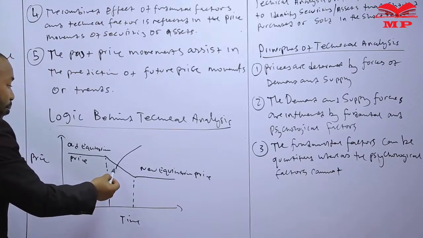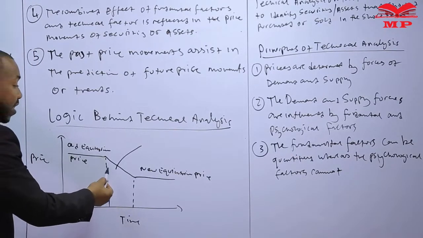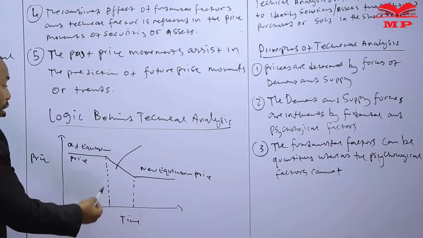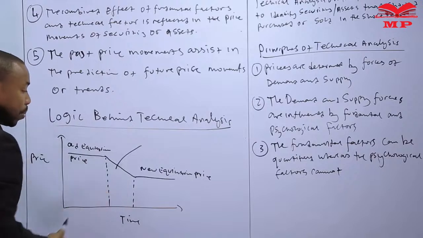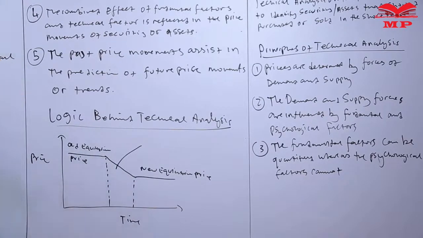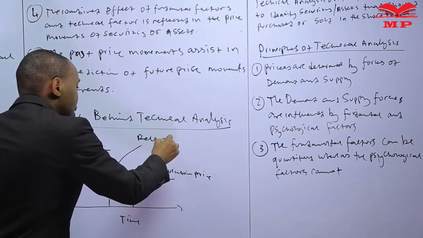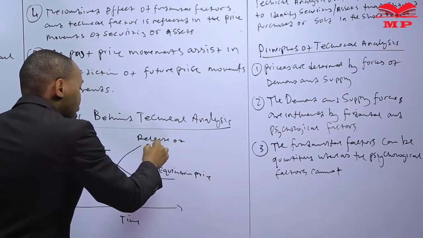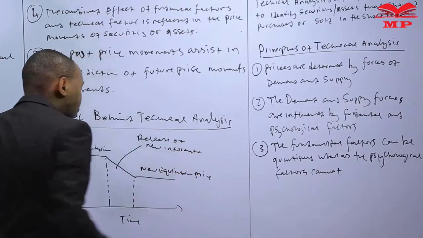So when the information has been released to the market, investors decide that they're not going to take up the new security, or the company's specifics dictate that it should go down, and less demand for that security will reduce the price of that security. So we say here is release of new information.